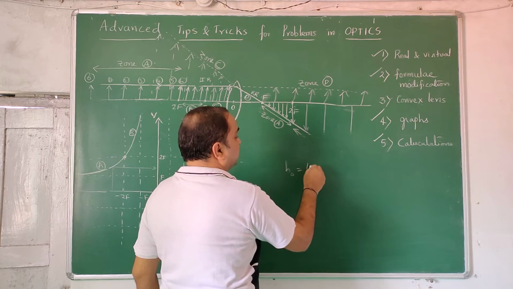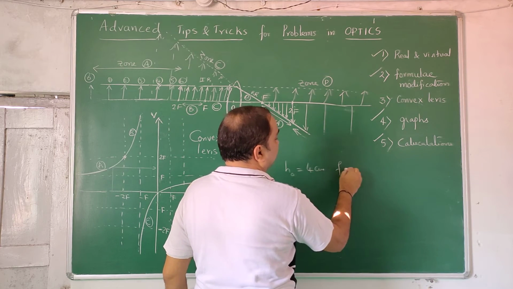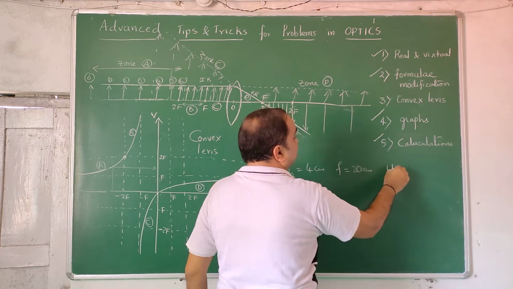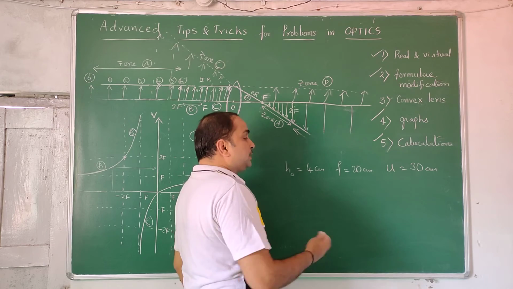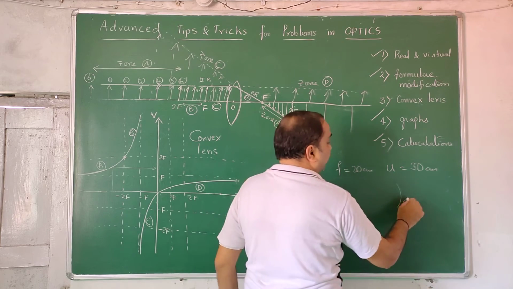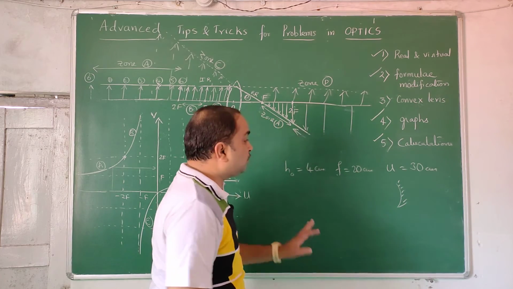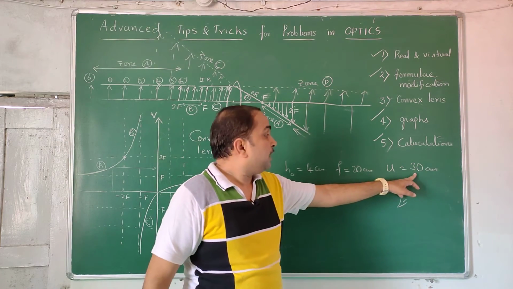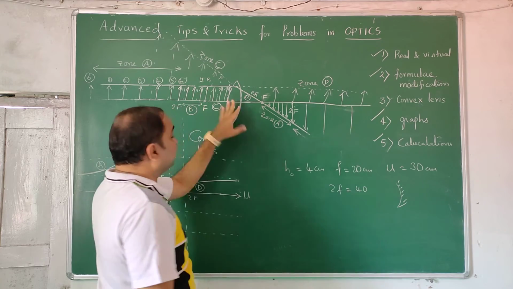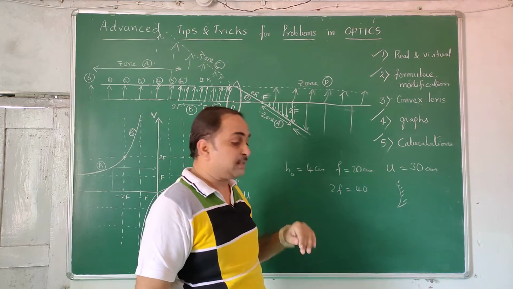I'll tell you. Object height 4 centimeters, focal length 20 centimeters, object distance 30 centimeters, I have given like that. First, when it is given, say it is a concave mirror. So first, after finding f, you find 2f, 40. Now see u. Is it less than f or more than f?